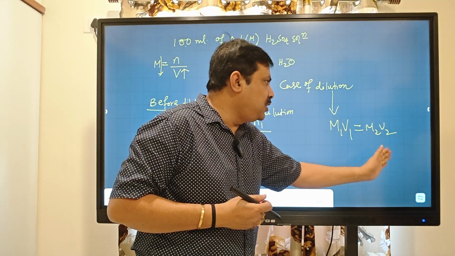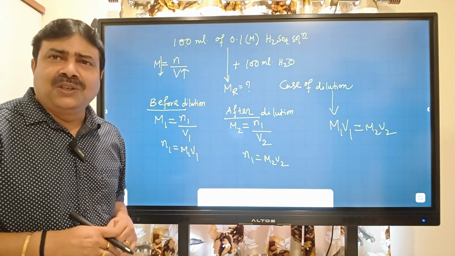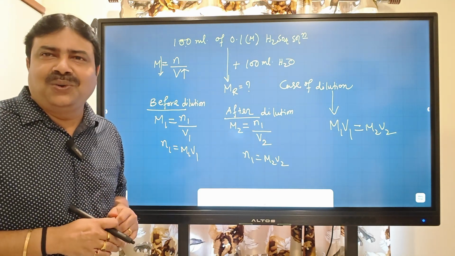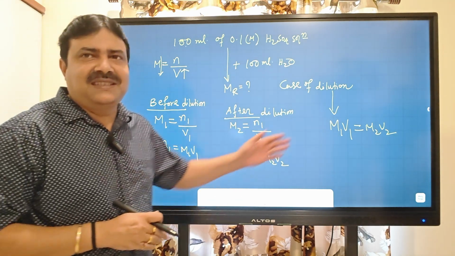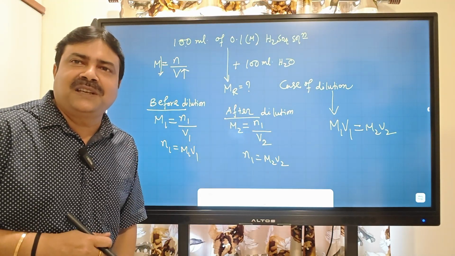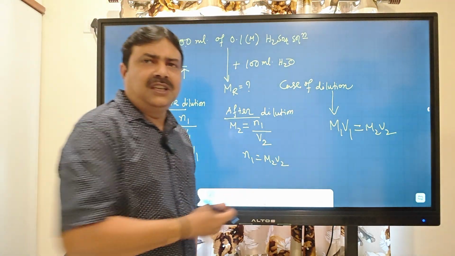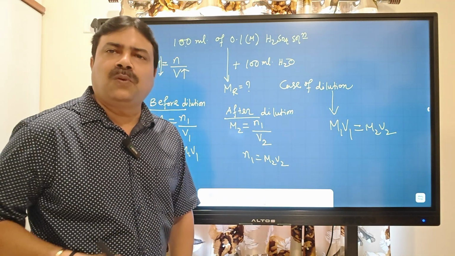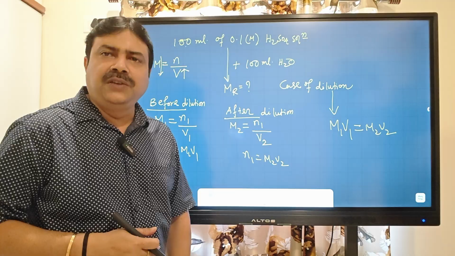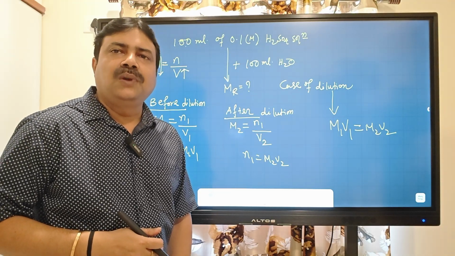Here also the ml value is divided by 1000, so it cancels out. This is basic mathematics. If it is given in liters or in ml, you need not worry; directly use M1 V1 equals M2 V2.